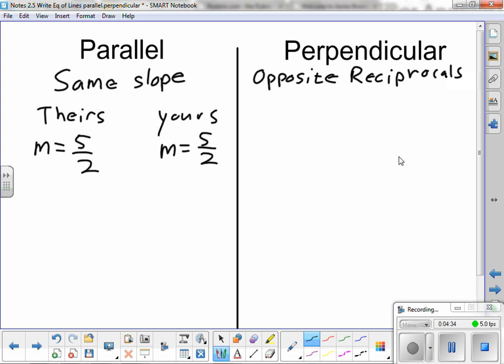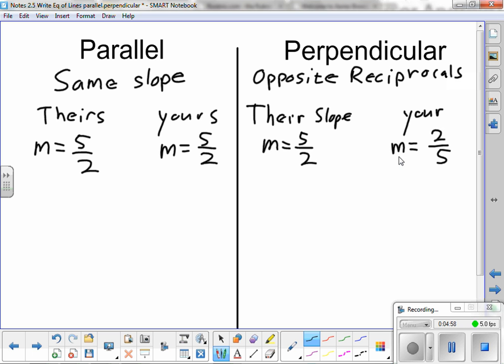So opposite reciprocals are basically this: this is their slope. So if their slope is m equals 5/2, your slope would be, now remember, reciprocal means that it gets inverted. So it's going to be 2/5.